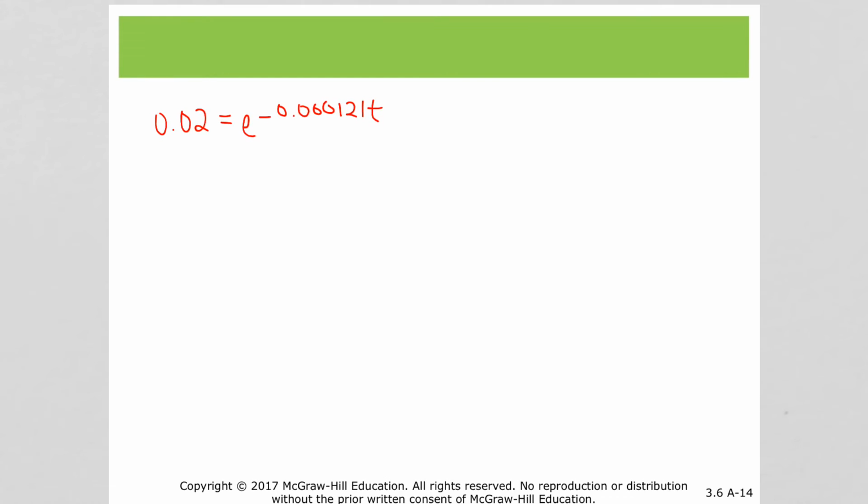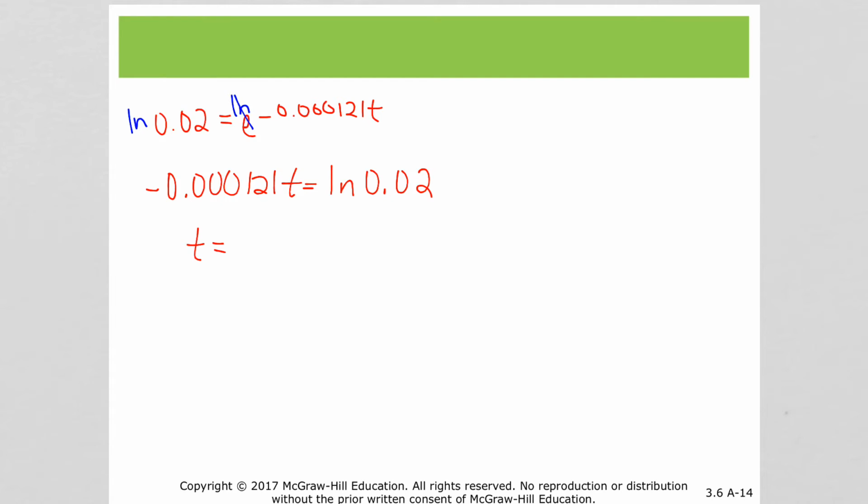As usual, to get rid of an e, we'll natural log both sides. So we have negative 0.000121 t is equal to the natural log of 0.02.